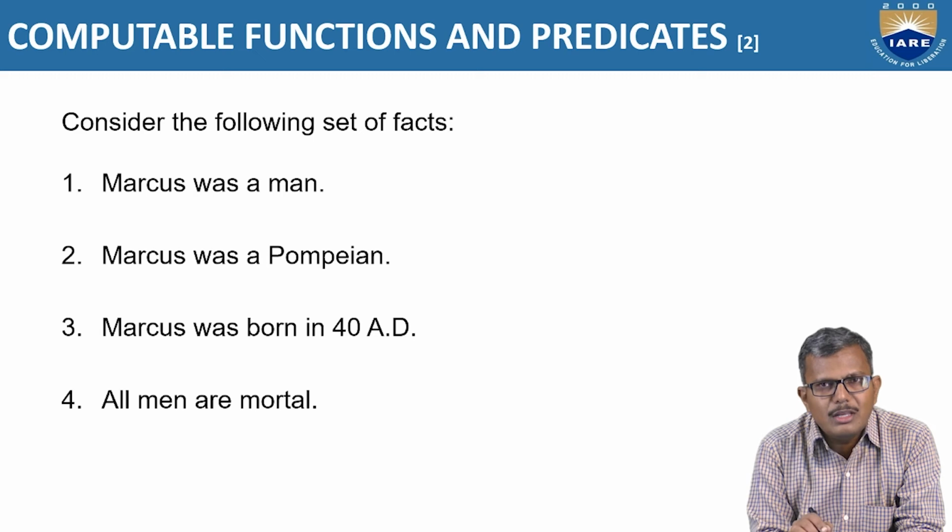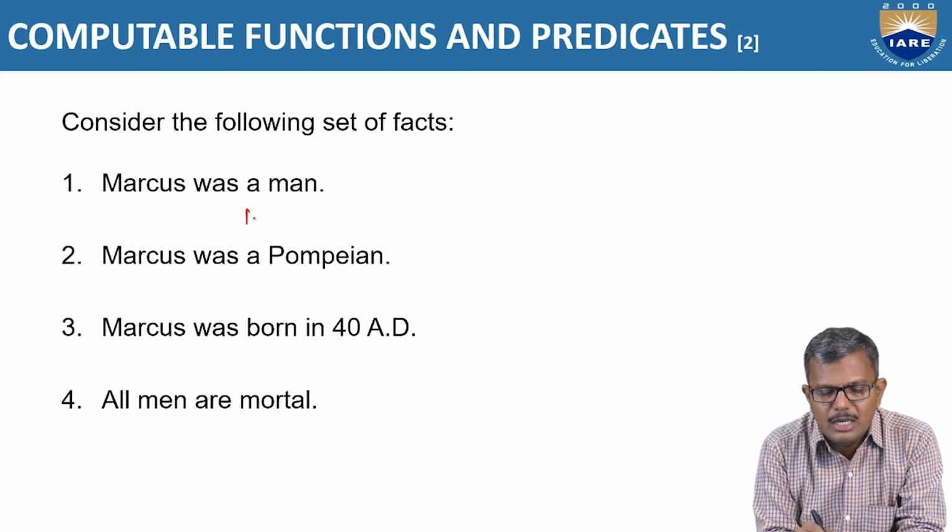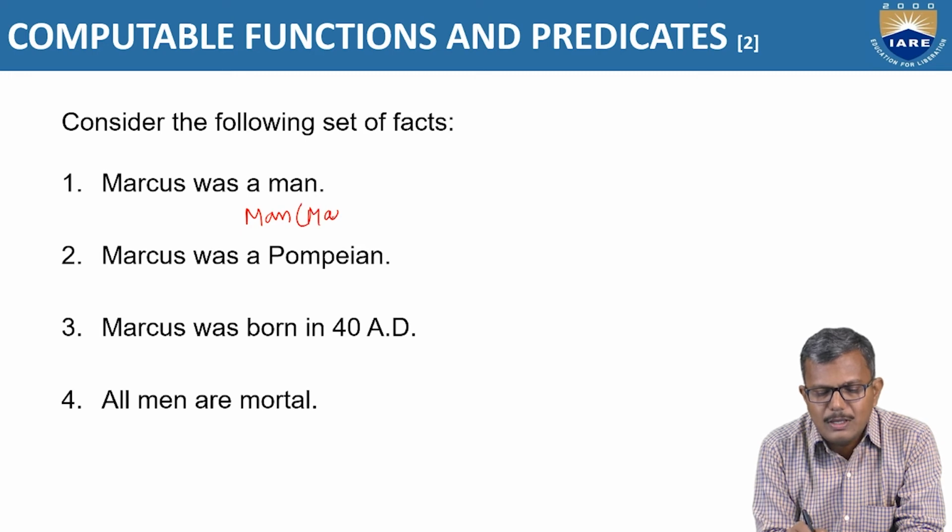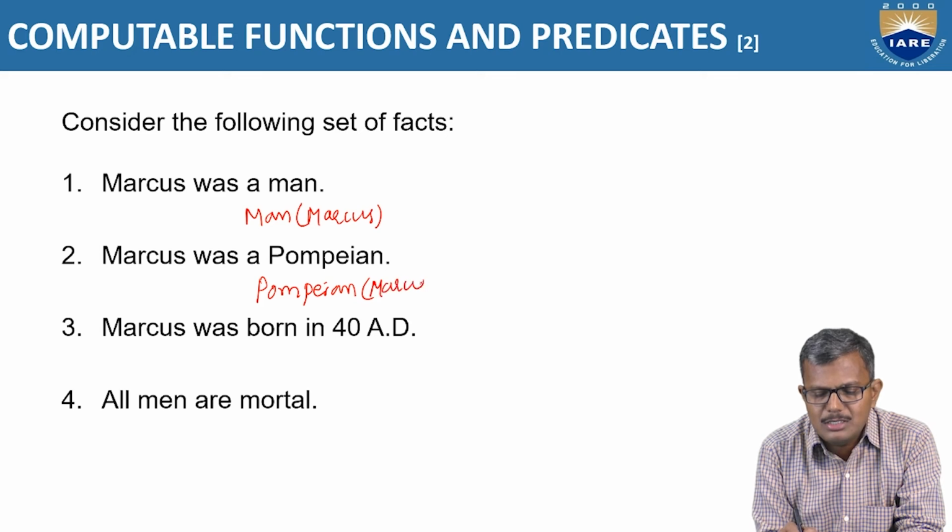So Marcus was a man, the same statement. As we have some knowledge, I can say man Marcus. Marcus was a Pompeian, the same thing. So I can write Pompeian Marcus.